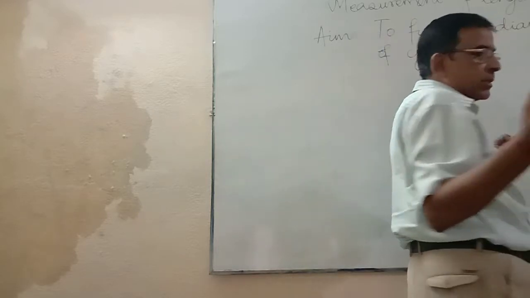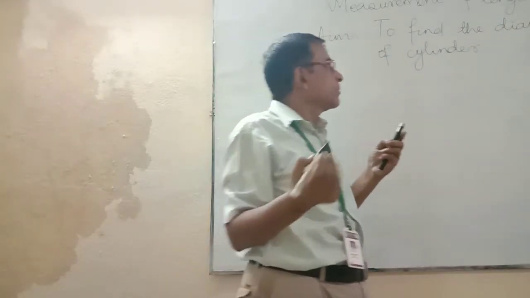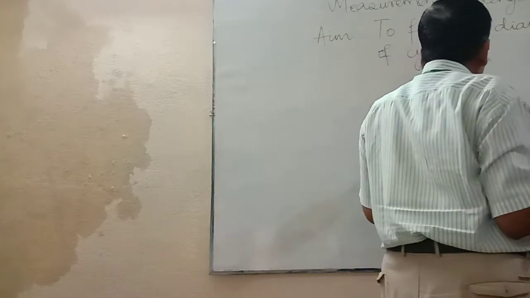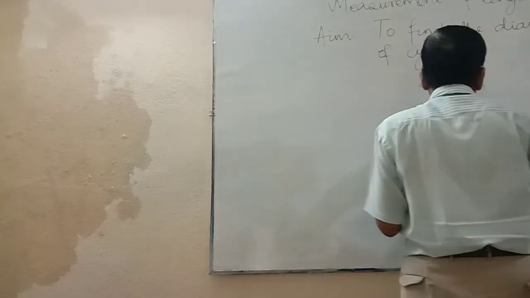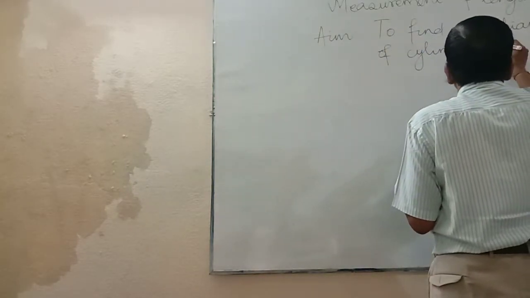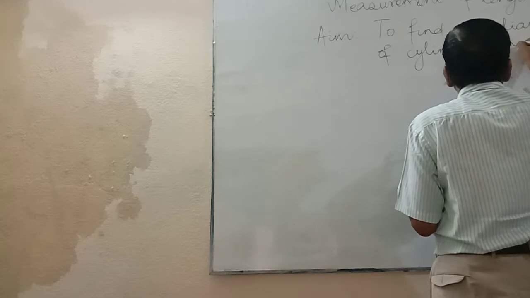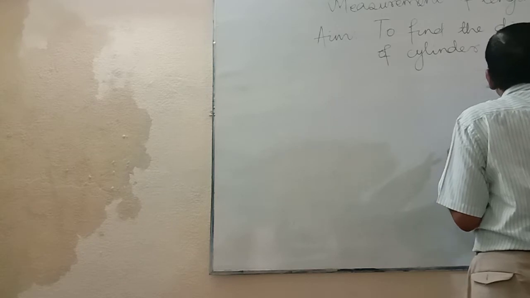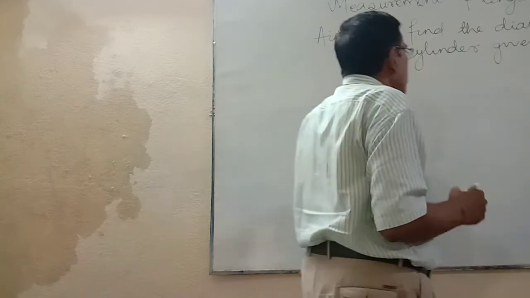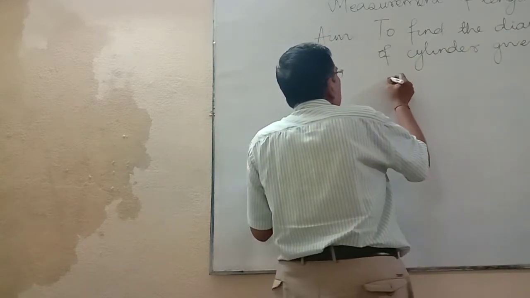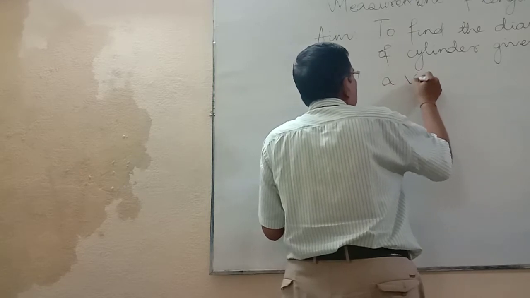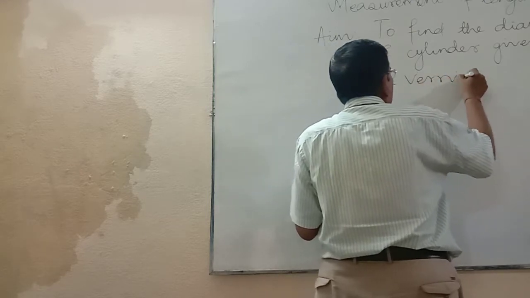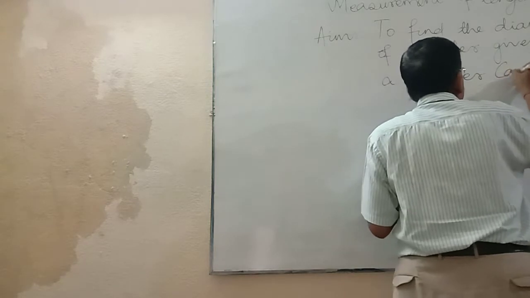You can also take a sphere in place of a cylinder, no problem, the same procedure. To find the diameter of the given cylinder using a vernier calipers.